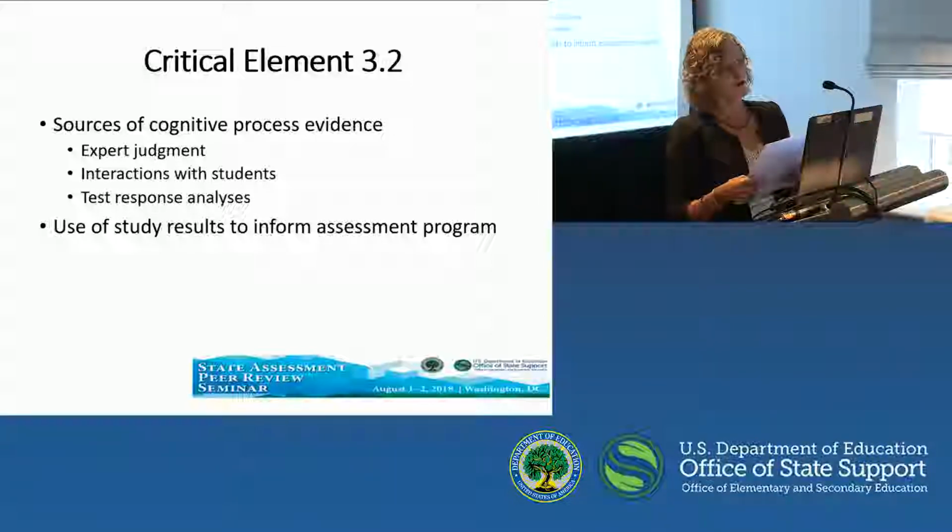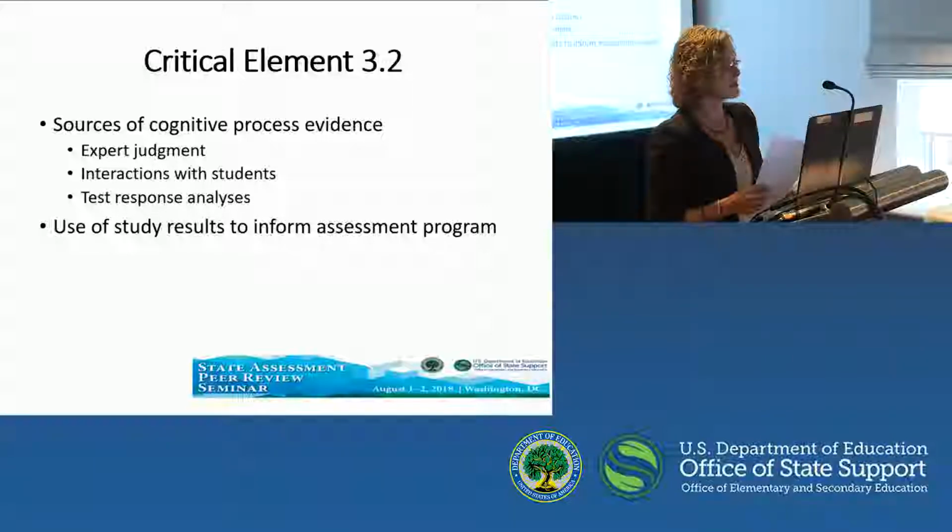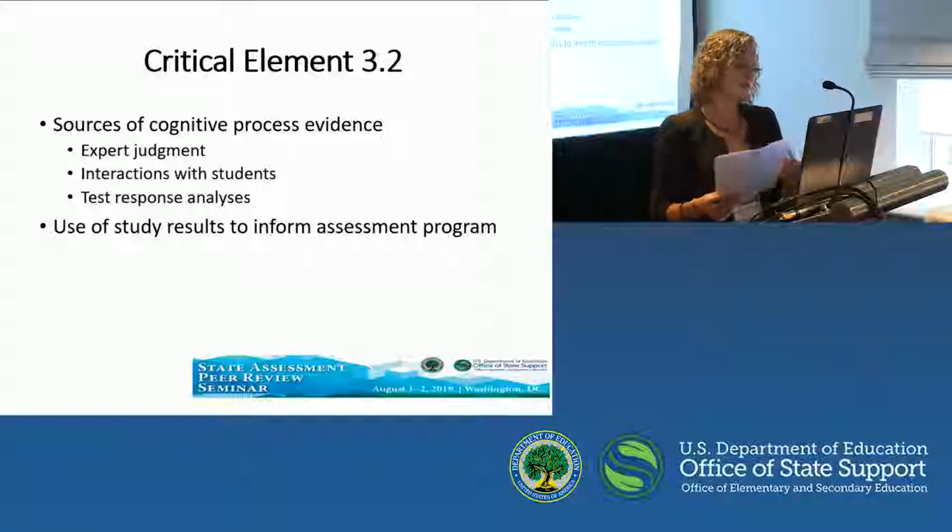All of these are available to us in different ways with online testing than they were with paper and pencil testing. So it's maybe a good opportunity to consider some additional sources of evidence.